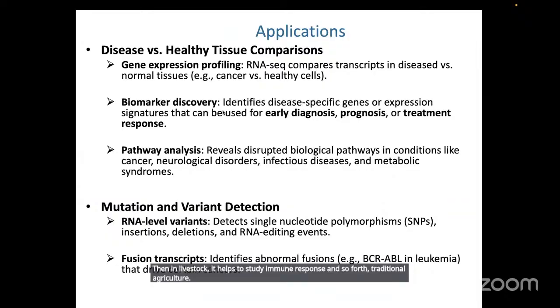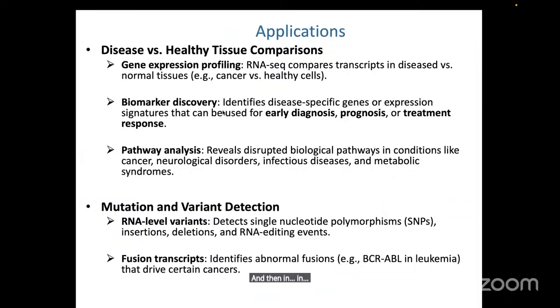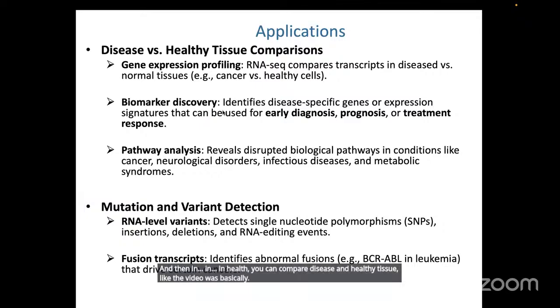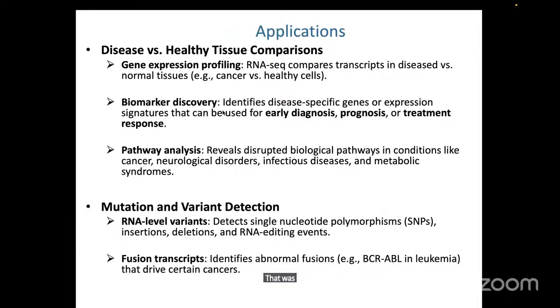And then in health, you can compare disease and healthy tissue, like the video, which was in the health field. You can also help with biomarker discovery and pathway analysis. You can see which pathway is being disrupted and which is causing cancer and so forth.